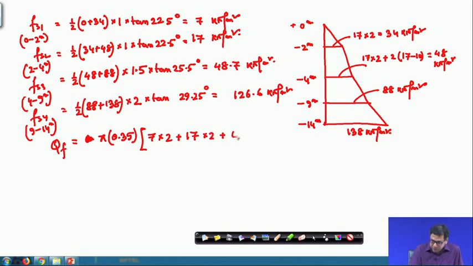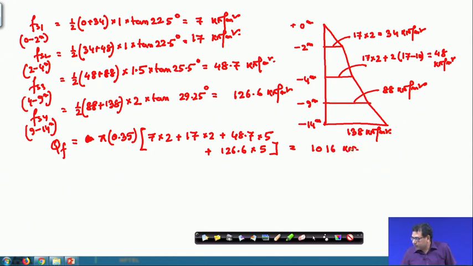Third one is 48.7, length is 9 minus 4, that means 5 meter. Then the last one is 126.6 and the length is 14 minus 9, again 5 meter. So, this is equal to 1016 kilonewton.